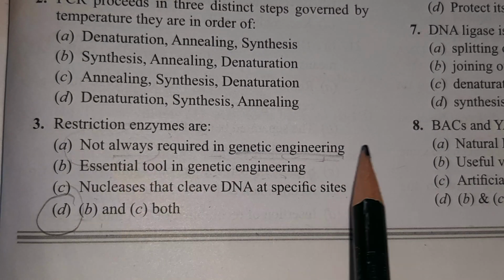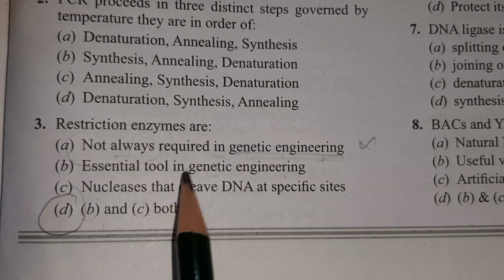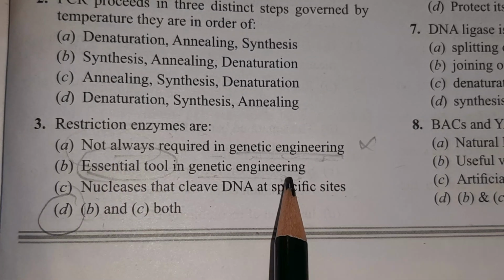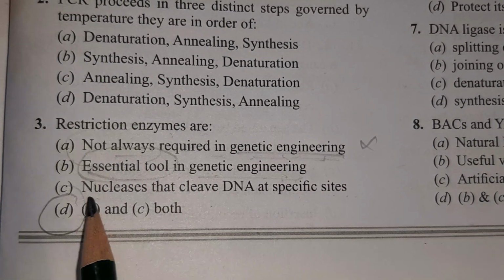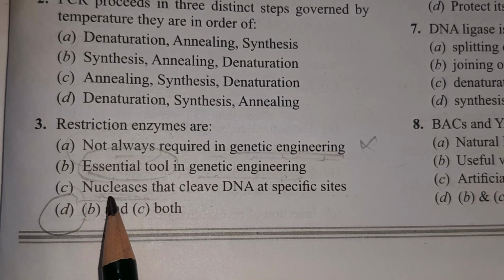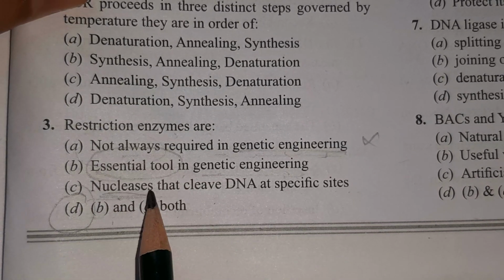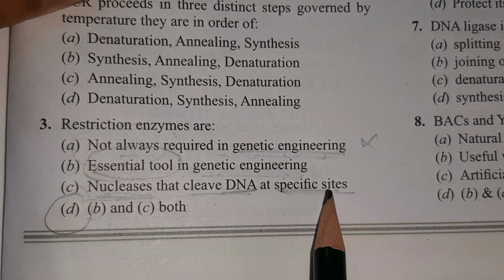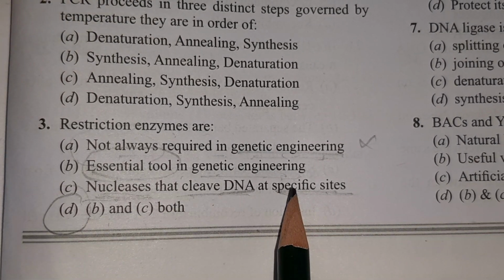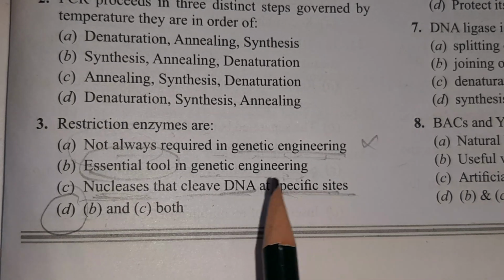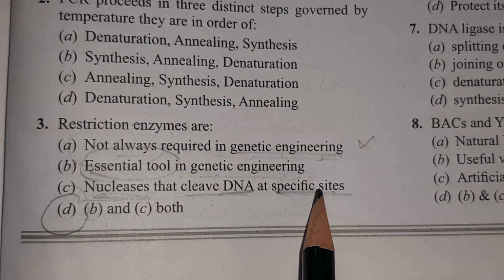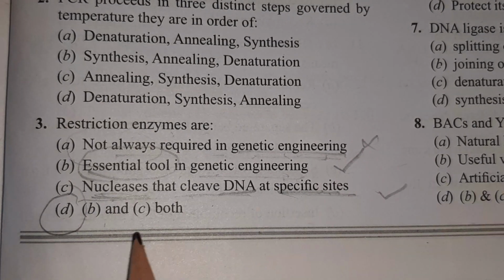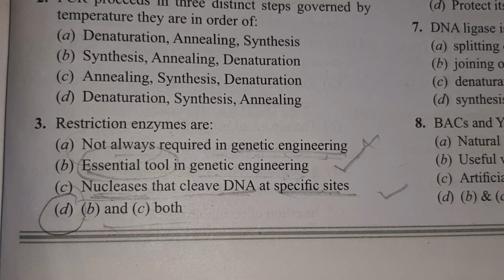So this statement is wrong. Essential tool, yes, it is a very essential tool without which genetic engineering is almost impossible. C. Nucleases. Yes, we said they belong to a higher class, which is nucleases. They cleave, means they cut the DNA at specific sites. They have recognition sites and they read a specific palindromic sequence and they cut at that point. So, both of these are correct, and the answer is both B and C.